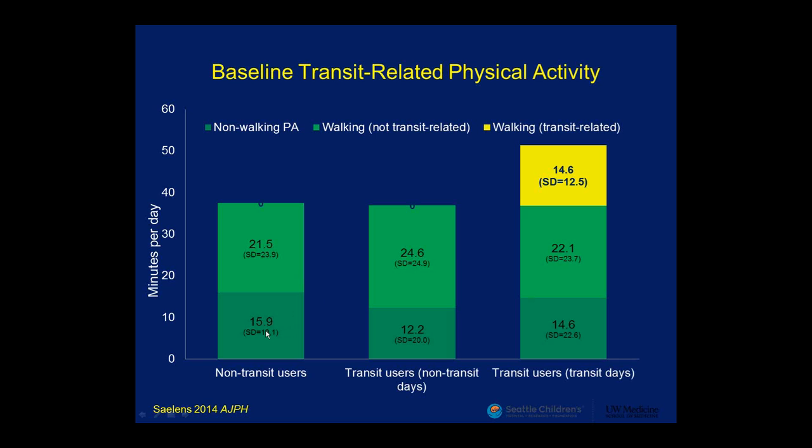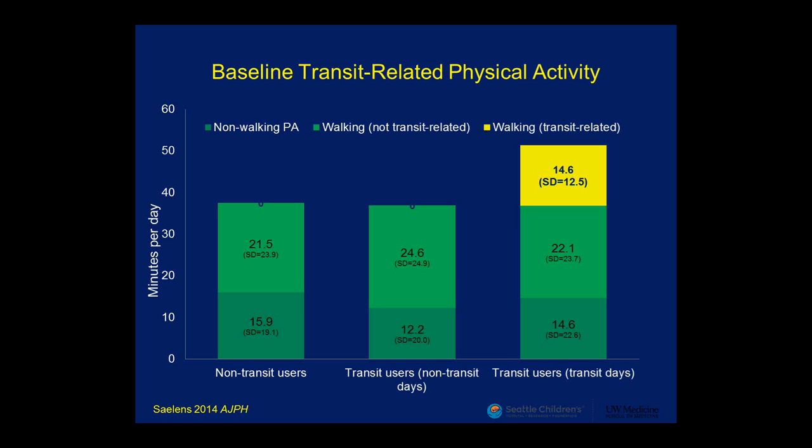So here's that same study. Here's the non-transit users again, getting no transit-related activity, but getting some walking that's not for transit and getting some other physical activity. If we looked at our transit users on their non-transit days, so breaking out those days where they didn't engage in transit use, they in fact looked exactly like non-transit users.